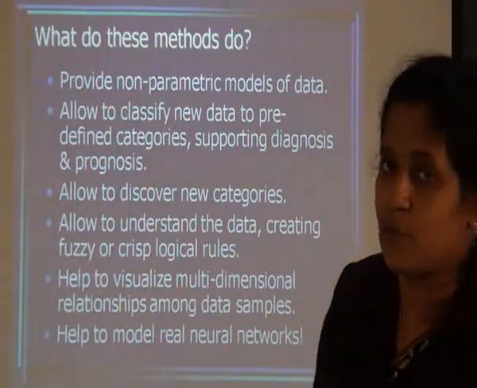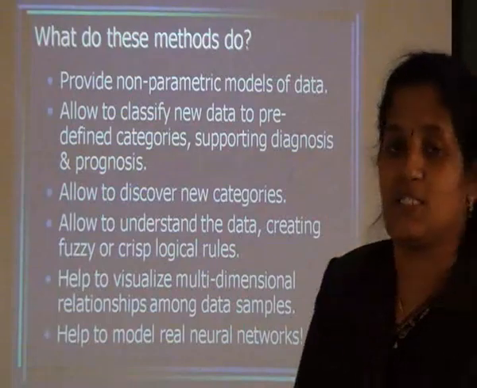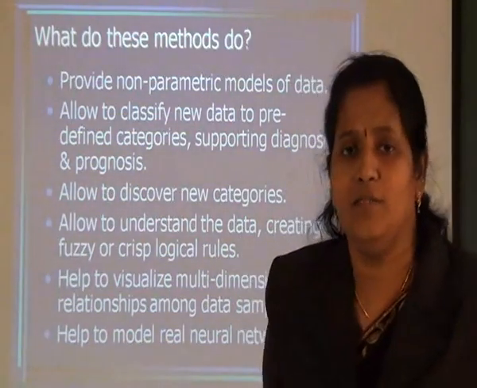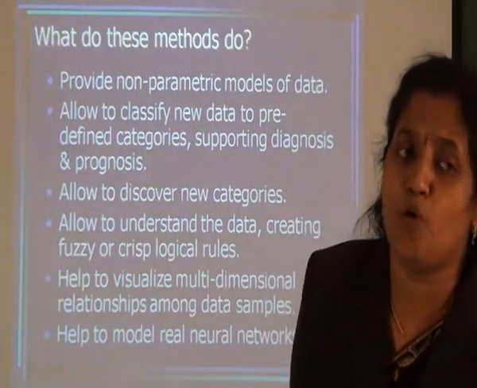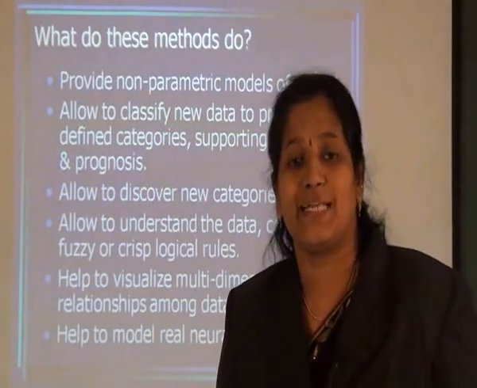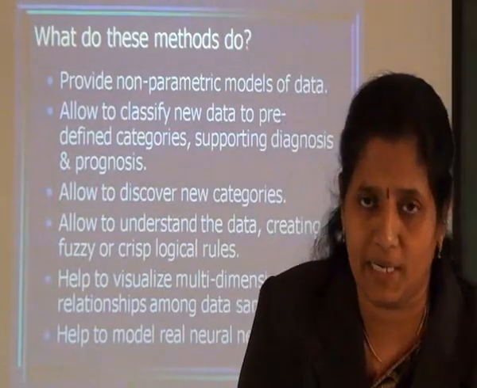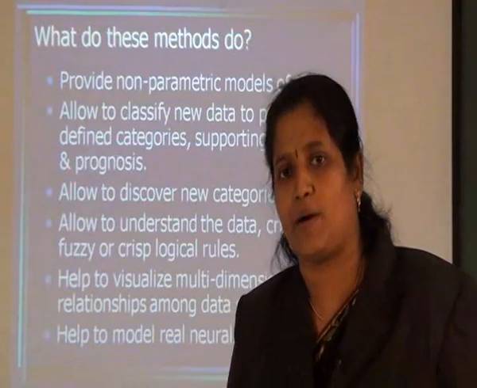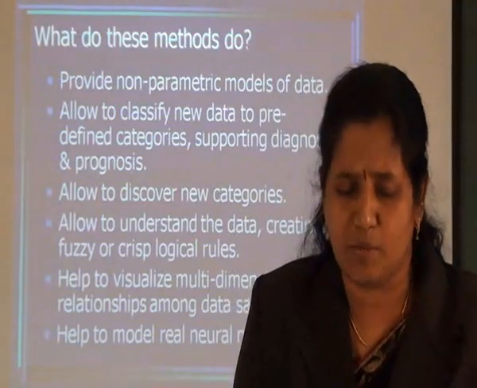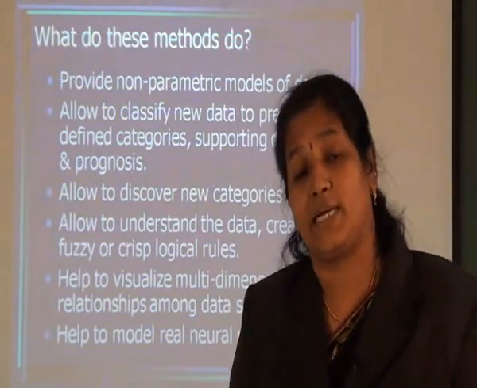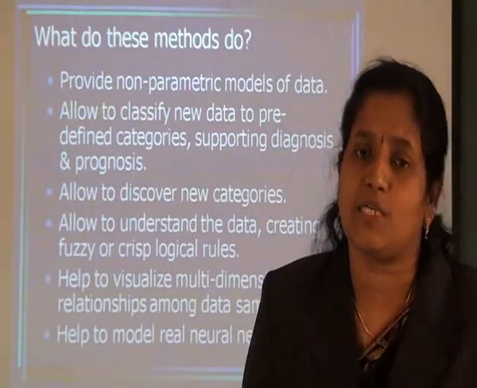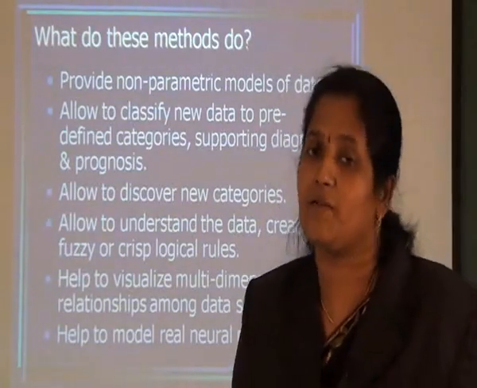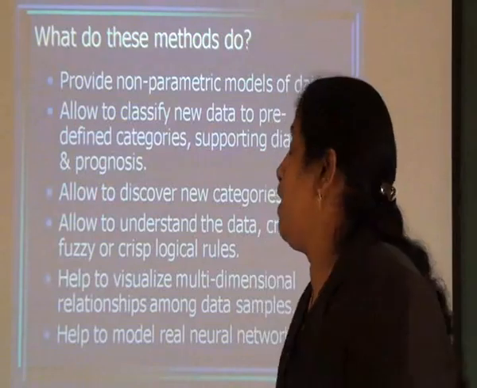What do these methods do? As I said before, they just provide models. All these techniques help to model the data. The model need not be parametric; it can be a non-parametric model. Using this model we can classify the data, cluster the data, find the association between input and output, and correlate the data.